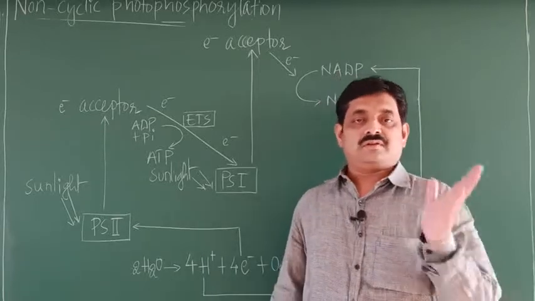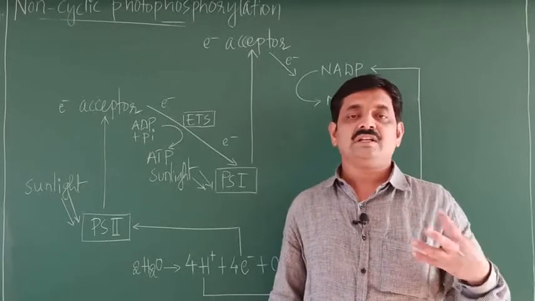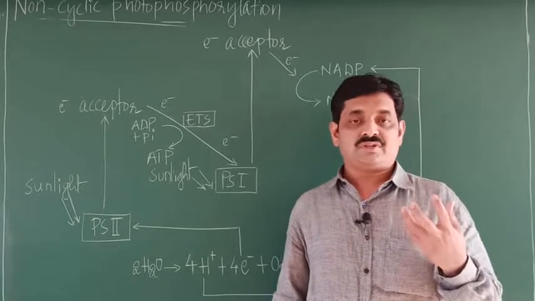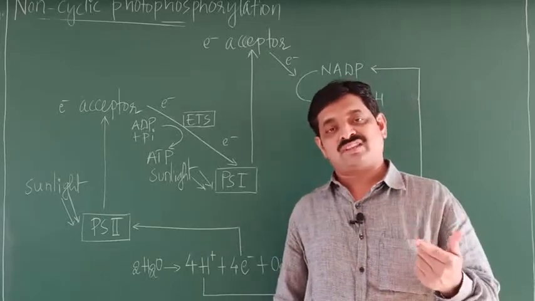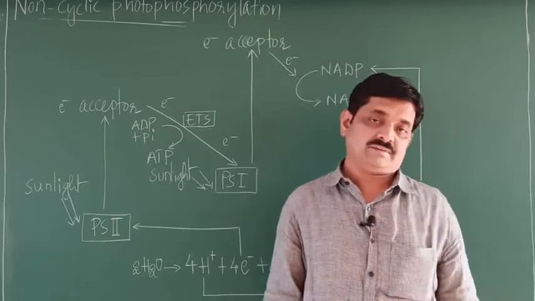In the dark reaction of photosynthesis, carbohydrates like glucose are produced. These carbohydrates are produced by using carbon from carbon dioxide.